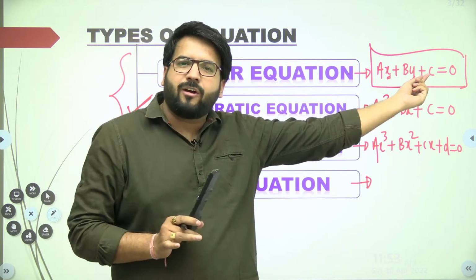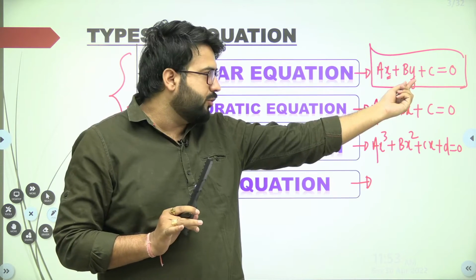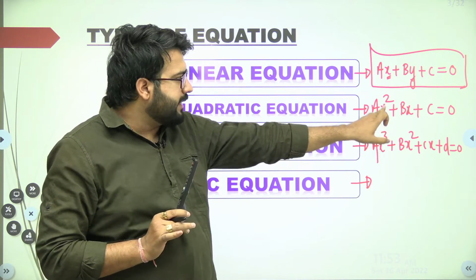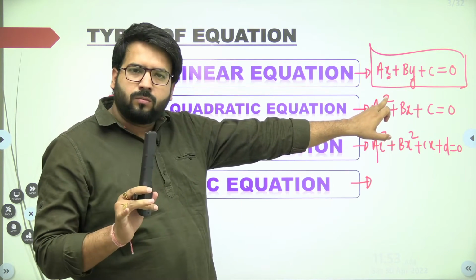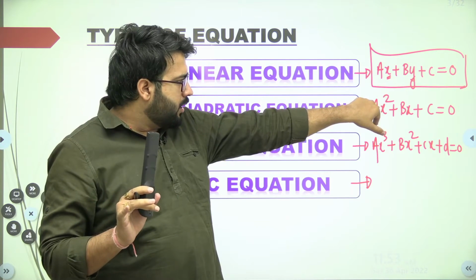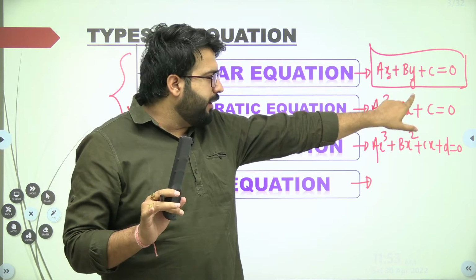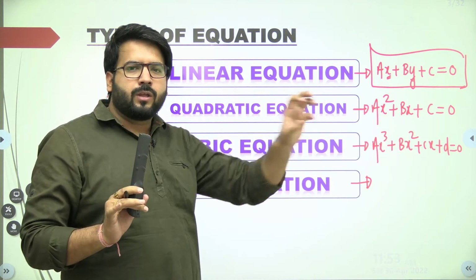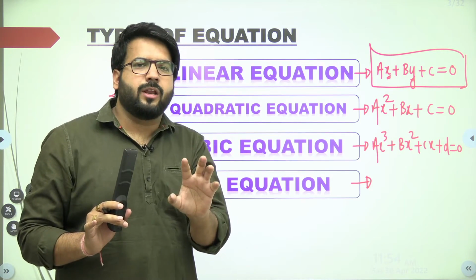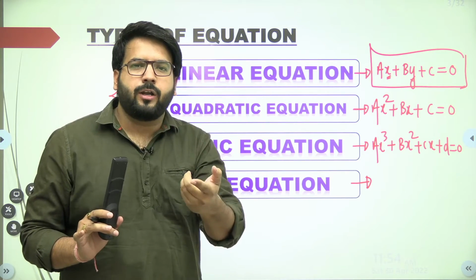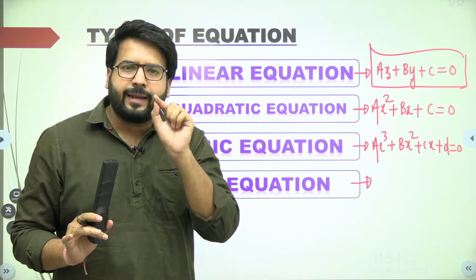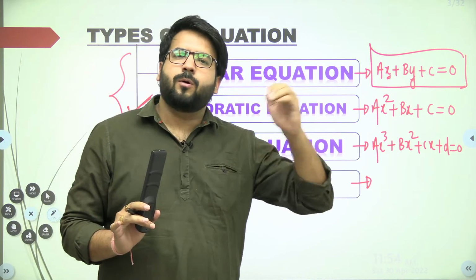The power of y is 1, so this is also an integer. The power of x is 2, so this is also an integer. The power of x is 1, so this is also an integer. In simple terms, the power of the exponent is an integer in a polynomial.